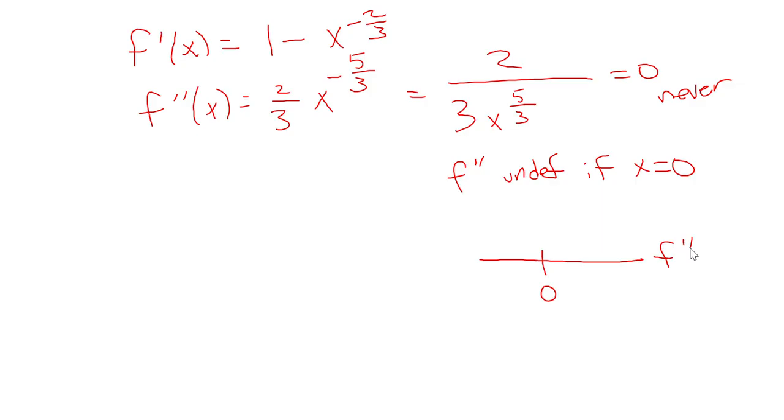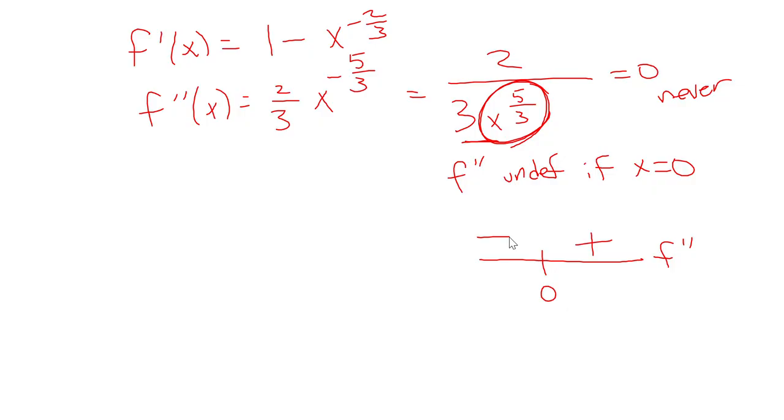If we put a positive number into this, any positive to the 5/3 power is positive. And if I multiply that by 3 and do 2 divided by that, I'm still going to get a positive. But any negative number to the 5/3 power is going to stay negative, right? You'll cube root it, it'll stay negative. You'll raise it to the 5th power, it'll stay negative. So we end up with a negative times 3 and then 2 divided by that, which is a negative.